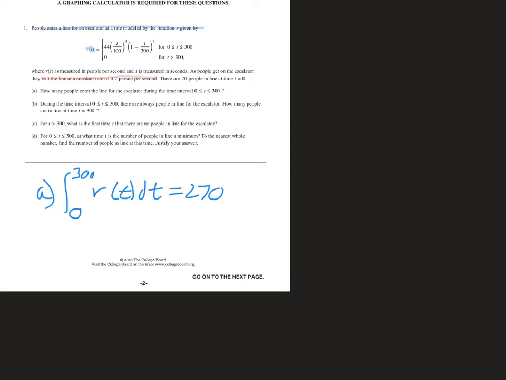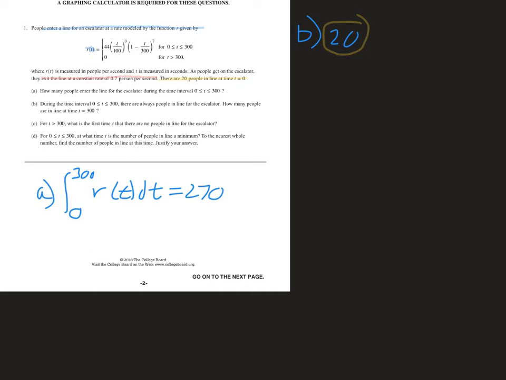So in doing that, there's 3 things we have to consider for the how many people do we have now piece. So for part B, there's 3 parts to my answer. There's 20, which is given to me as the number of people in line when we start. 20 people in line, so I need that.